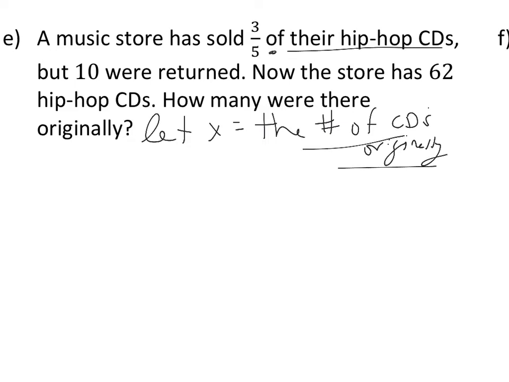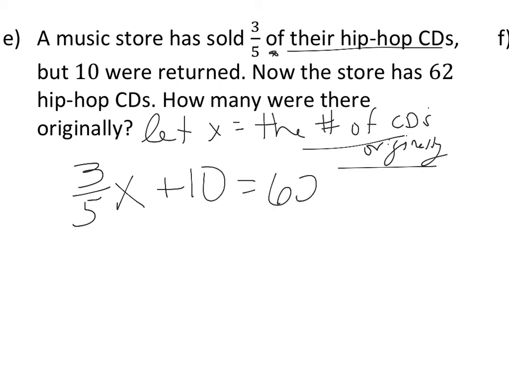The word "of" means multiply, so it sounds like our first term is going to be 3/5 times the original number of CDs. So they sold those, okay? But 10 were returned. So if 10 were brought back, we need to add 10 back into the store. And now the store has 62. This means the store is equal to 62.